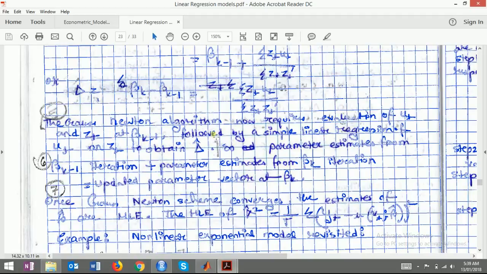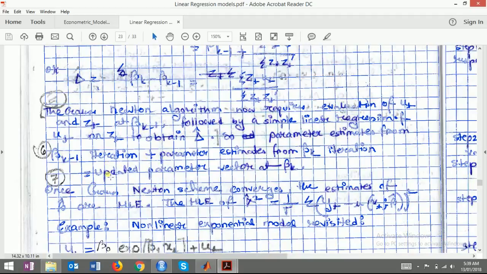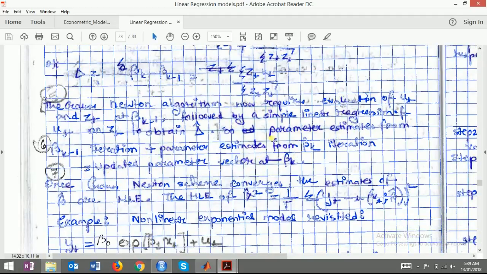Parameter estimates from beta k minus 1 iteration plus delta hat gives you the updated parameter vector at beta k. So parameter estimates of beta k minus 1 and beta k both are required. Interestingly, now we need ut on zt.